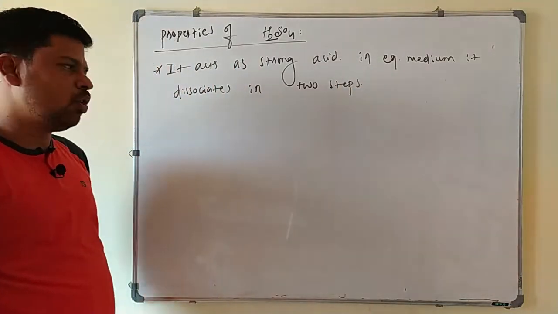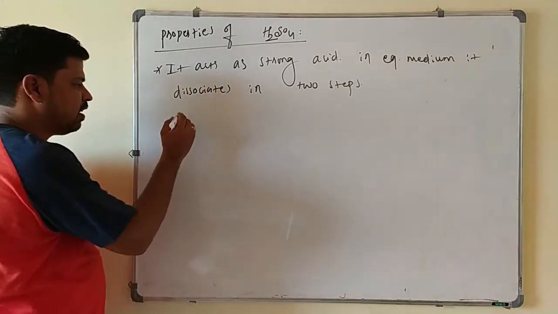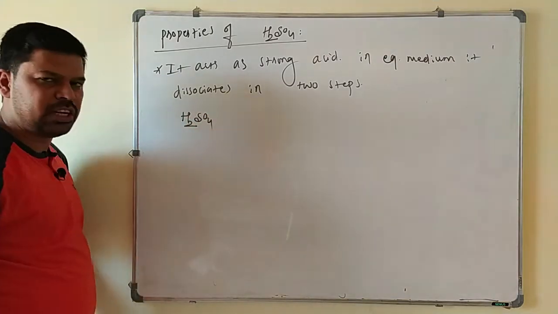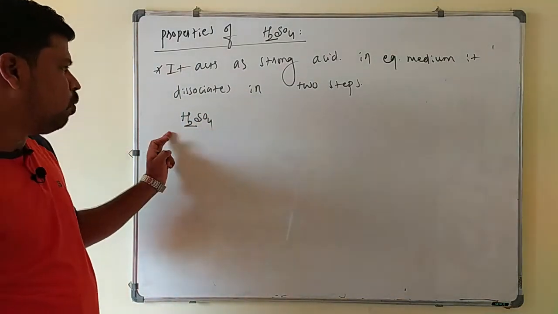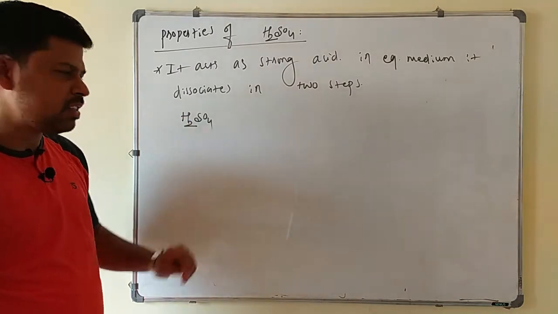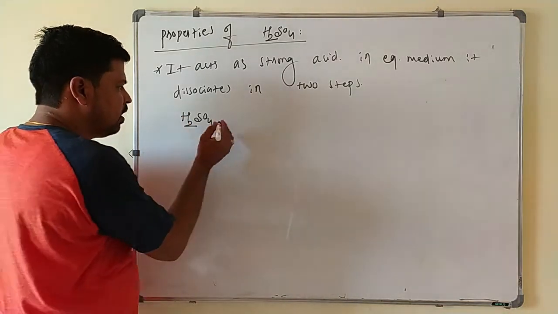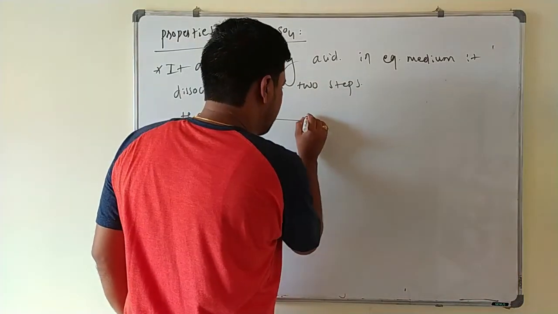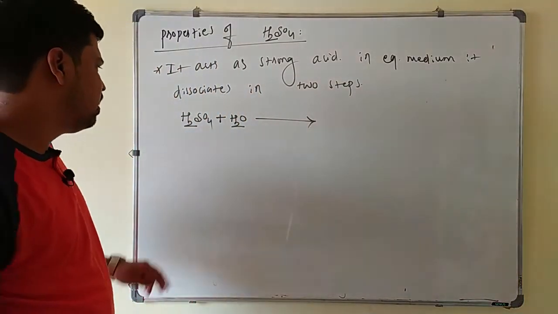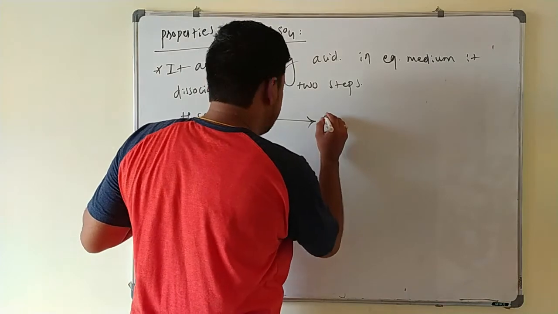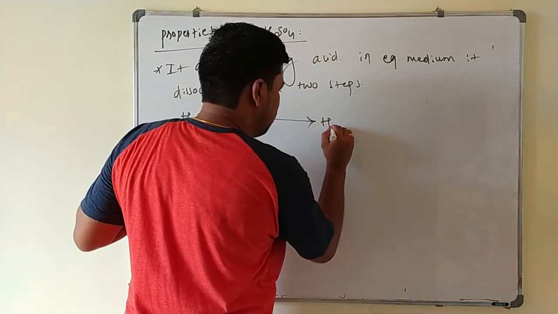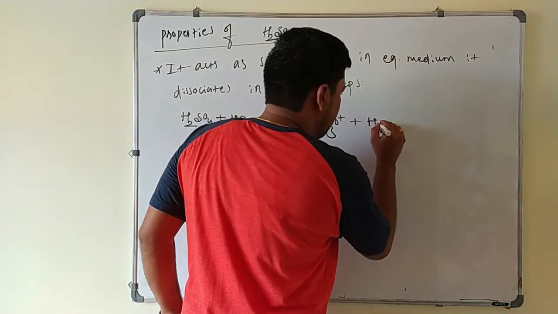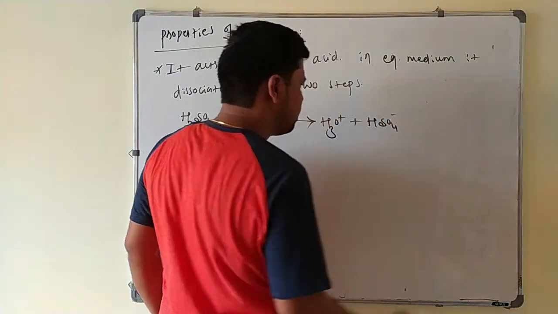This H2SO4, we already know, is a strong acid. Suppose this H2SO4 is added to the water, it will dissociate in 2 steps. In the first step it will give 1 proton, and in the second step it will give another proton. H2SO4 is added to the water. Since it is a strong electrolyte, we will use a single arrow mark. This H plus ion given by the H2SO4 forms H3O plus, and HSO4 minus is formed here.